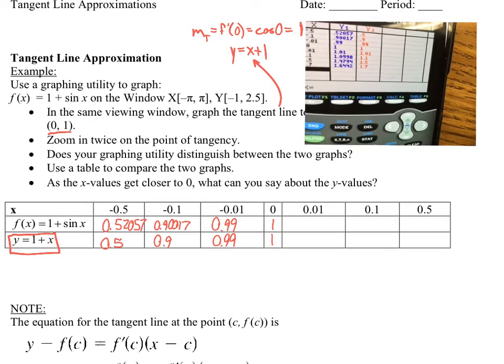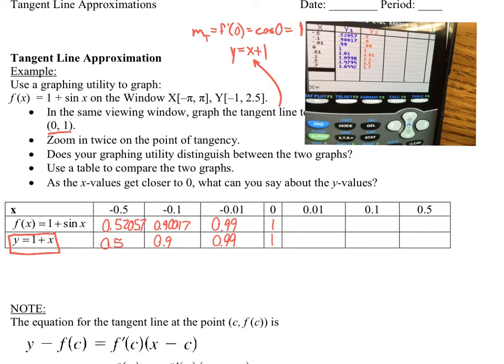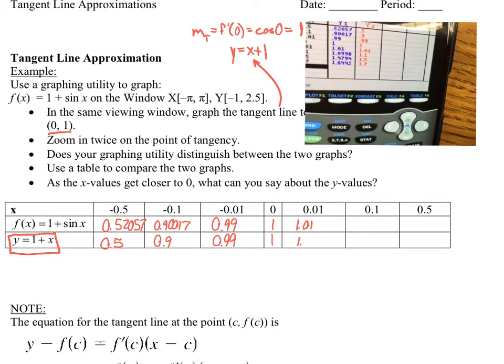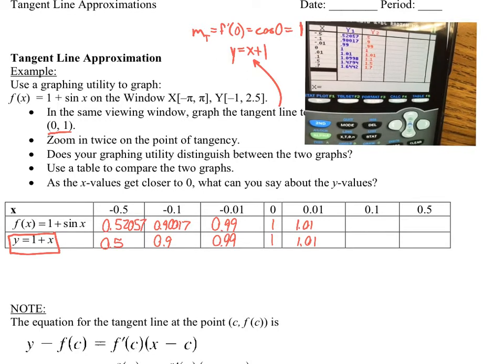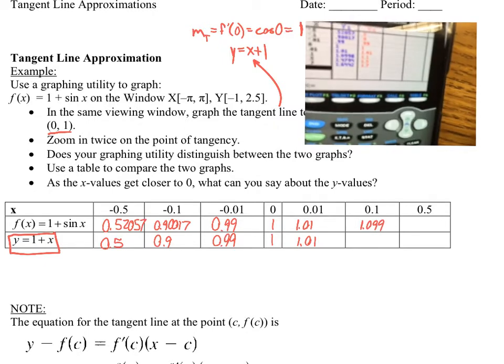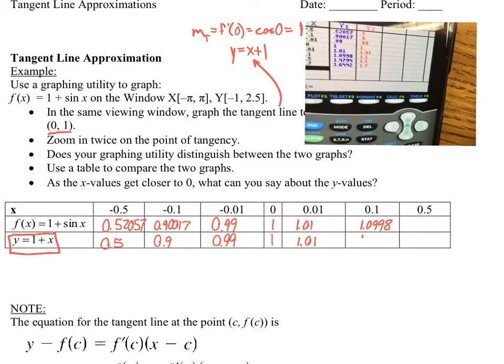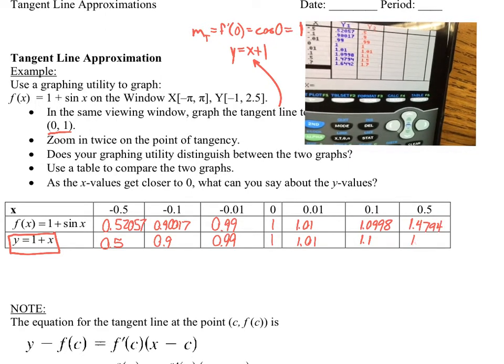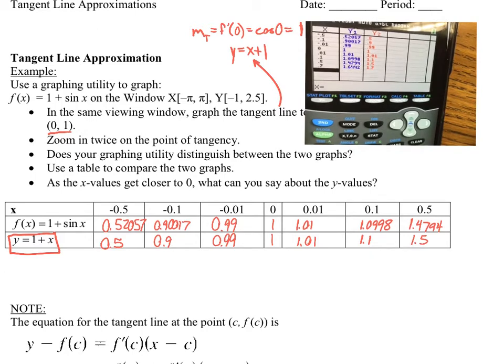But then after we get past it, at 0.1, we have 1.01 and 1.01. At 0.1, we have 1.0998 and 1.1, and here we have 1.4794 and 1.5. Okay?